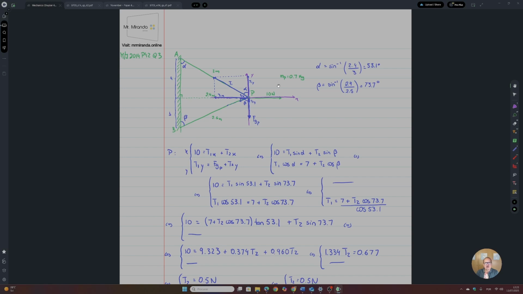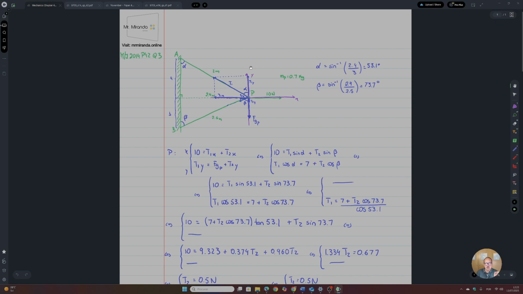And you choose the referential in a way that minimizes the effort of decomposing forces. All right? In this case, you have 3 forces. You have the tension T1, which I call T1. You can label the tensions as you wish. I call this one T1. You have the tension T2. You're going to see why I did this T2 much smaller than T1. And then you have the force, the 10 Newton force.